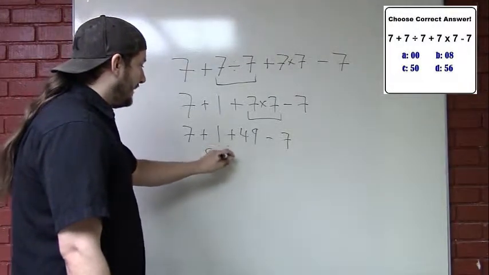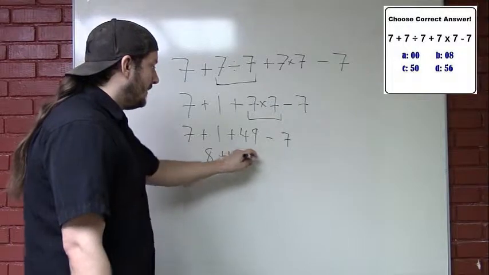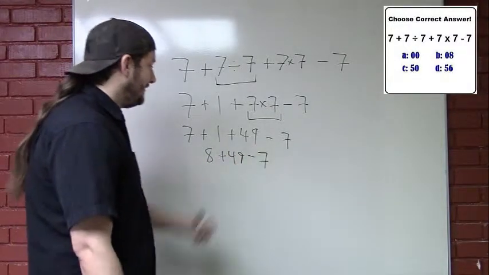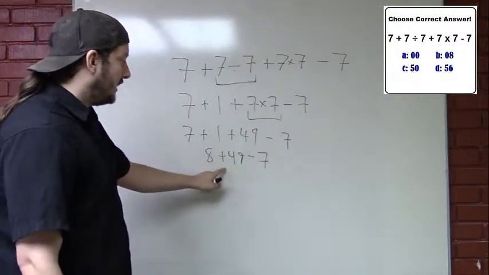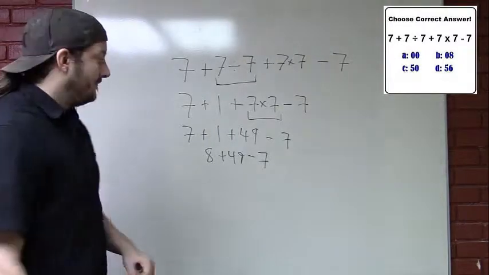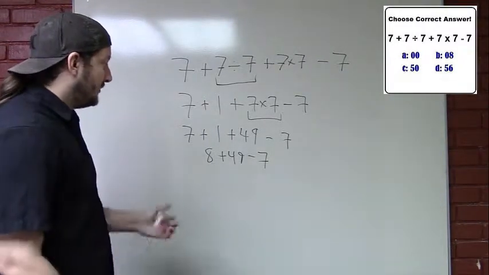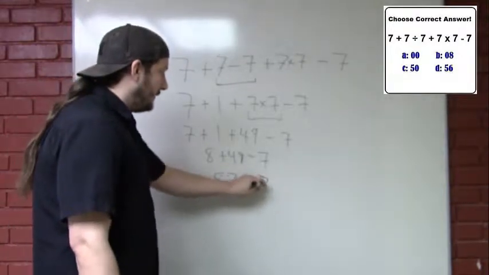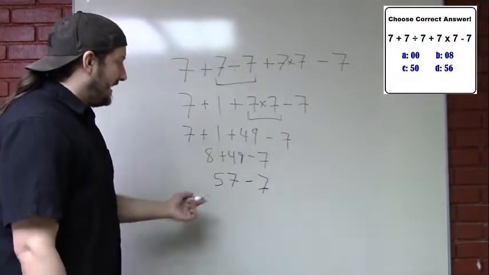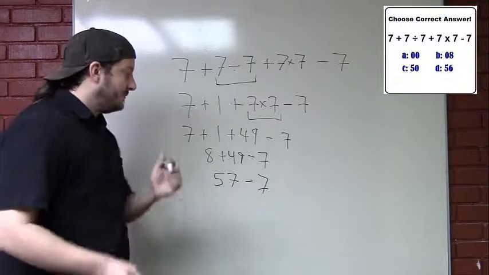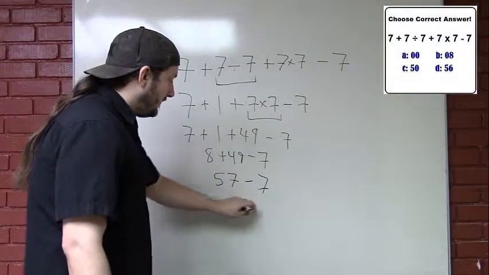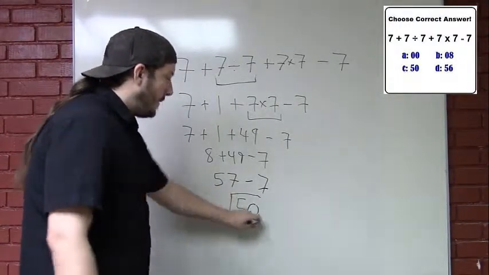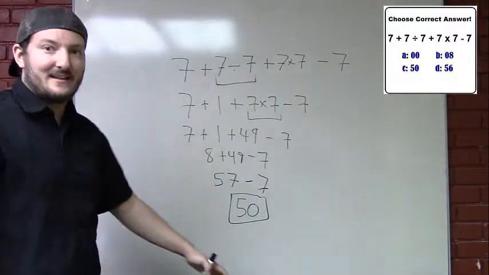And we've got plus 49 minus 7. What's 8 plus 49? That is going to be 57. And we've got this minus 7 here. And then 57 minus 7 is going to be 50. Boom. And that's exactly how you do it.